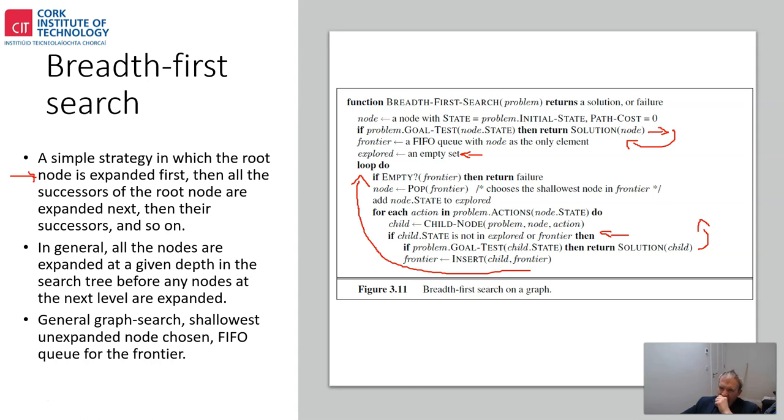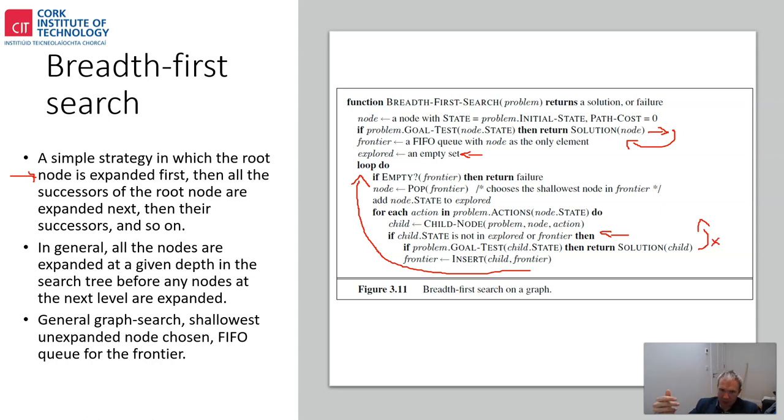Okay, so there's one variant on the general graph search algorithm in this description, and that is the goal test is applied to each node when it is generated rather than when it is selected for expansion. So that's this guy here, okay?